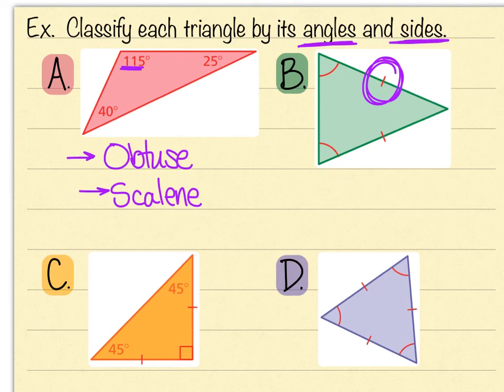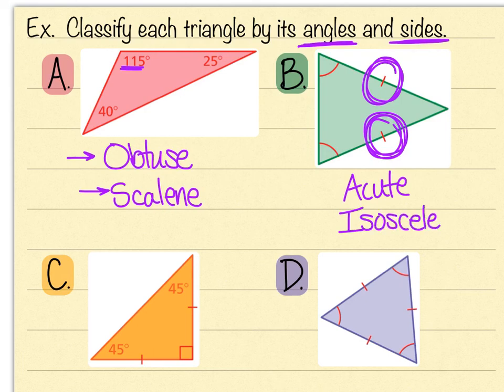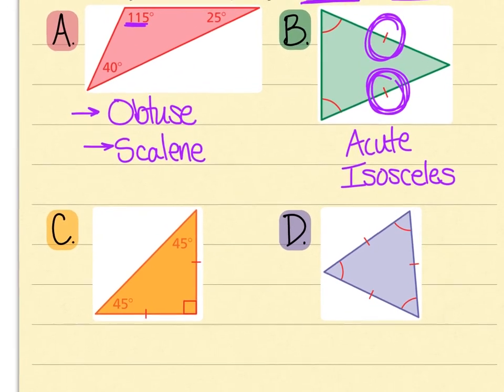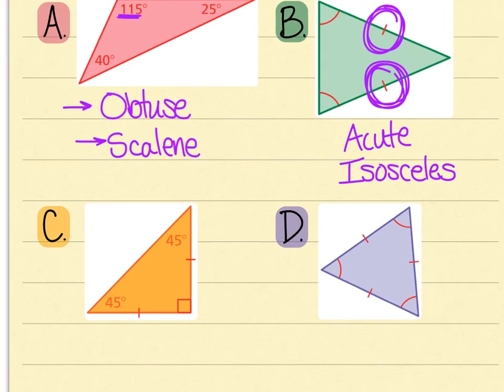For example B, you can see these two sides are the same, so it has to be isosceles. And all three of these angles are acute. We don't know what their angle measures are, but they don't appear to be right angles or obtuse angles. So this would be an acute isosceles triangle. For example C, we've got clearly a right angle here, so we know this has to be a right triangle when I'm classifying it by its angles.